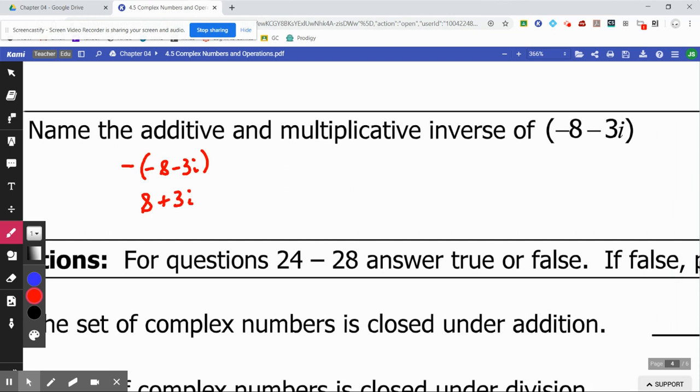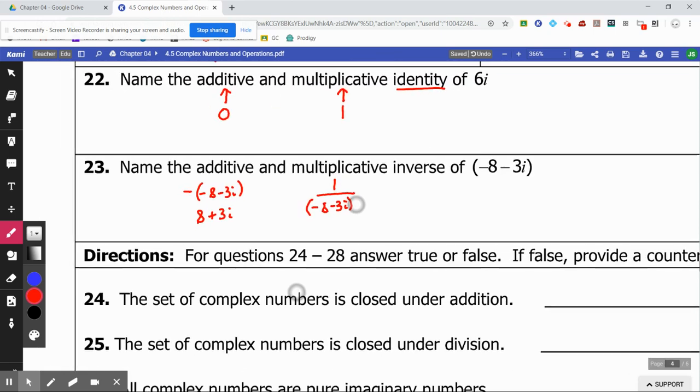The multiplicative inverse is what could I multiply this by to give me the multiplicative identity, which is 1. If you multiply anything by its reciprocal, which would be 1 over negative 8 minus 3i, then you always get 1. Now, just a reminder that we could rationalize this. We could multiply top and bottom by negative 8 plus 3i, the conjugate, and we could actually clean that up a little bit as well.